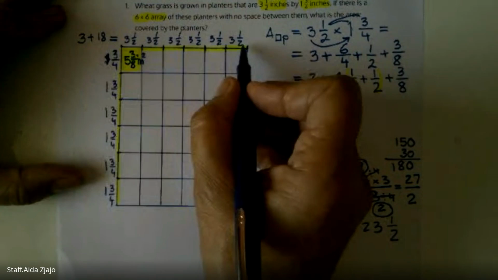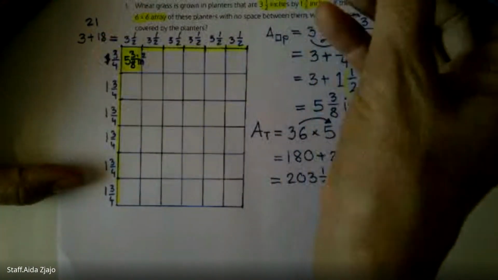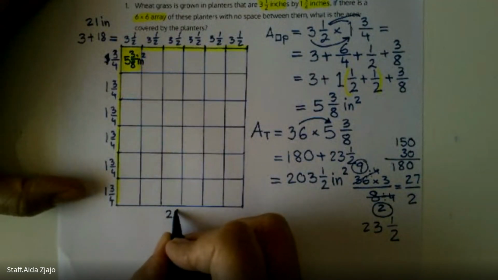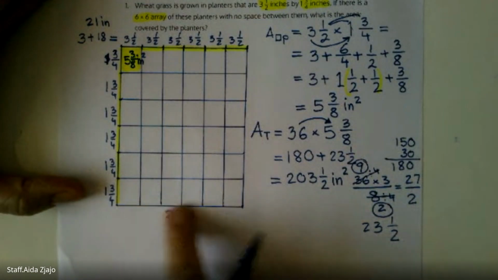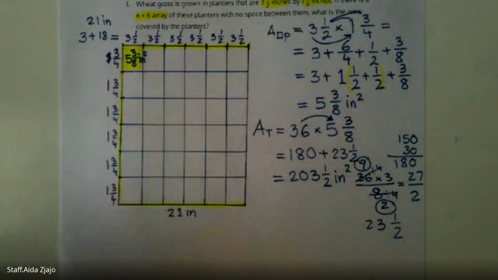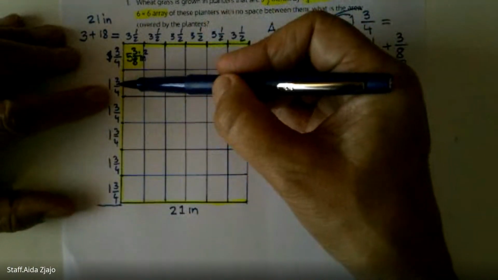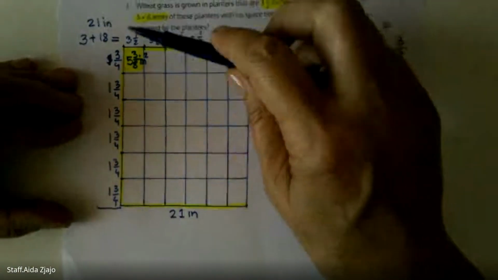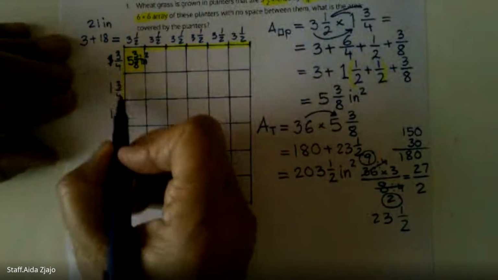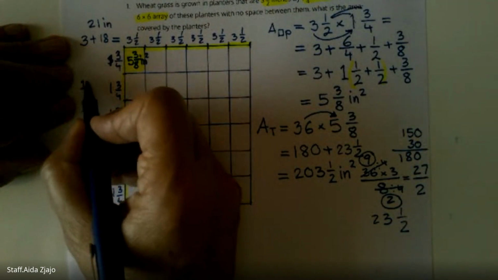So this whole length equals 21 inches. Now if I add these lengths here, I will have 3/4 and 3/4 and 3/4 and 3/4. I could see that 3/4 and 3/4 will make 6/4, which is 1 1/2.